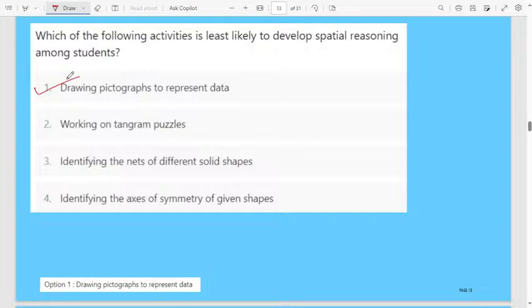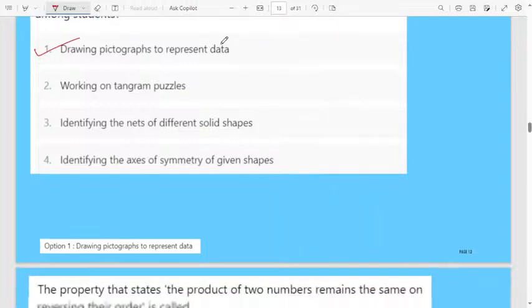First option is the correct one. They are asking for the least likely one, which is drawing pictograph to represent the data. That's why understanding the question is very, very important.